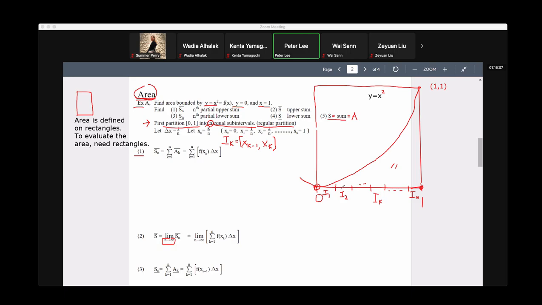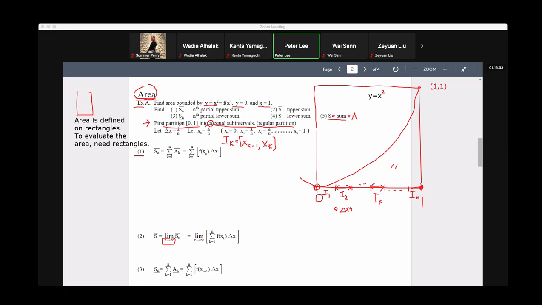Now, the length of each interval. What is the length of each interval? We now call this delta x. Delta x is the length of each interval. If every interval is the same length, what is delta x?